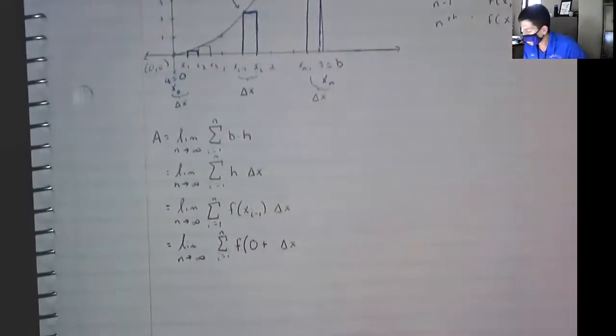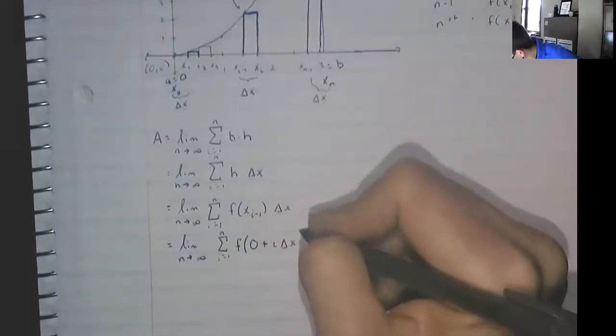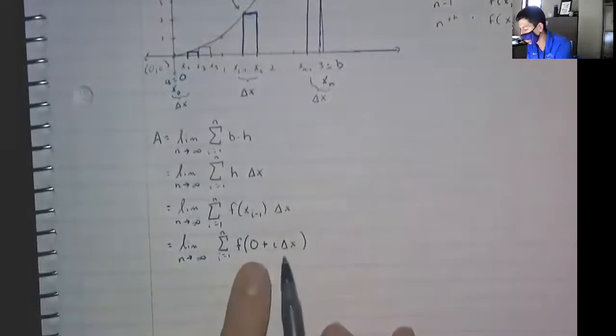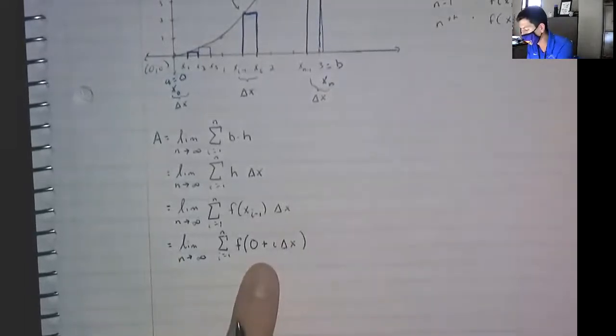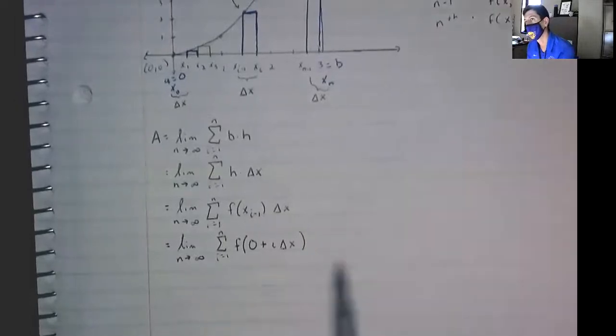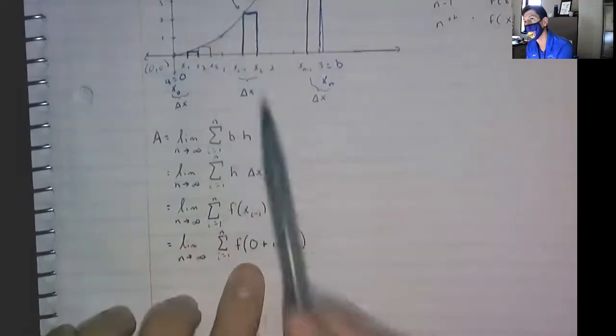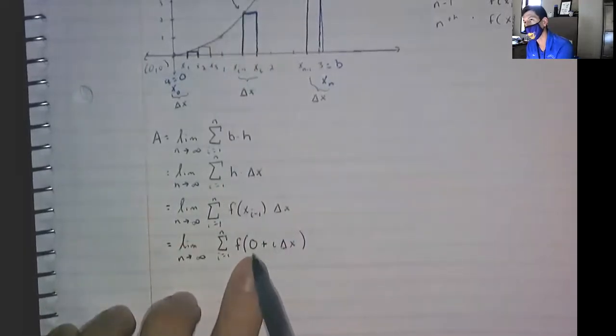But if we just did an i here, if we just said, whatever stop you're at, just add i delta x's, does that work for our first rectangle? When i is equal to 1, our very first rectangle, what is the actual function value we want for our height?